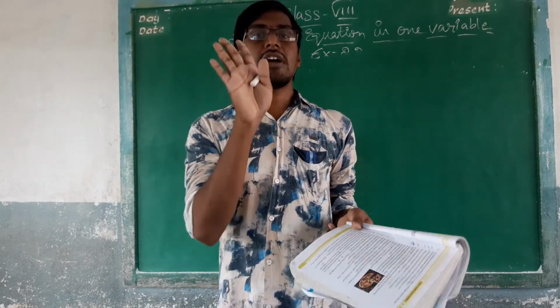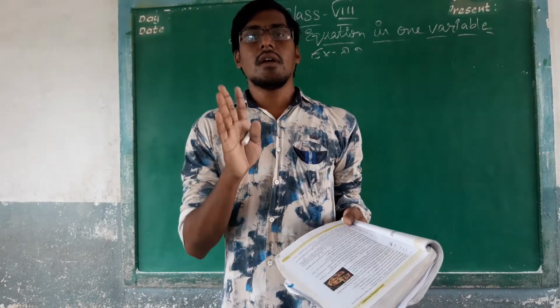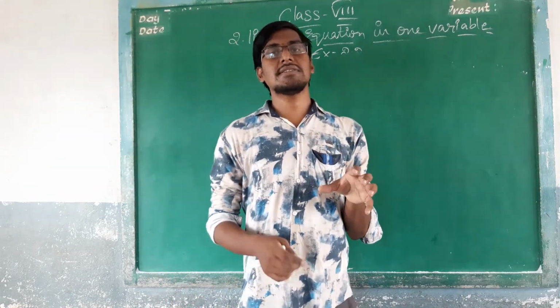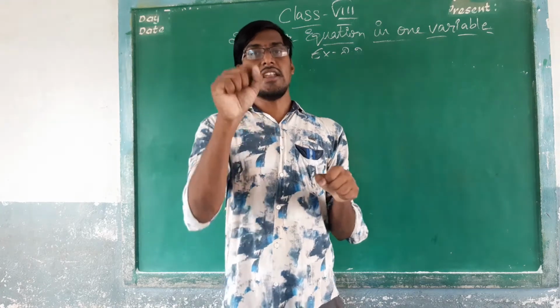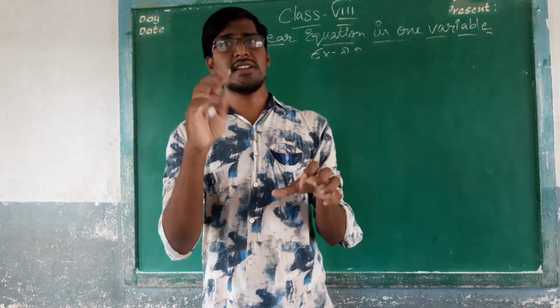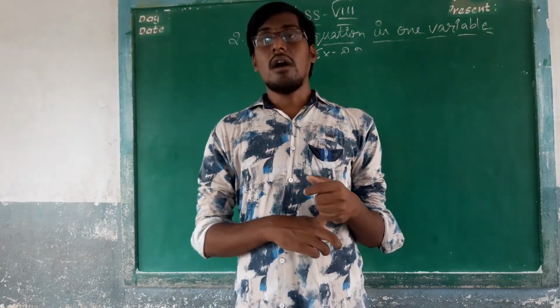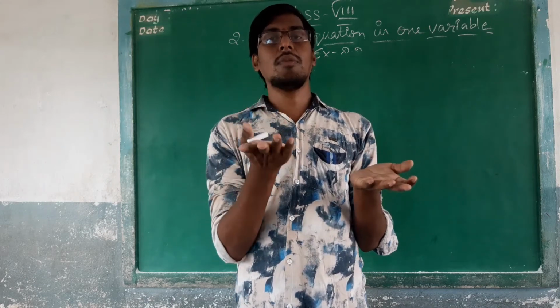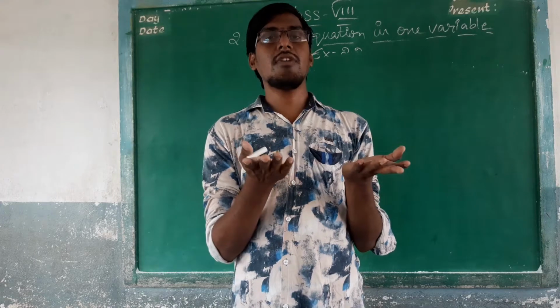Okay. I had 500 rupees, with 5 rupees notes and 10 rupees notes. Out of this 500, how many 5 rupees notes are there and how many 10 rupees notes are there, we have to find out.